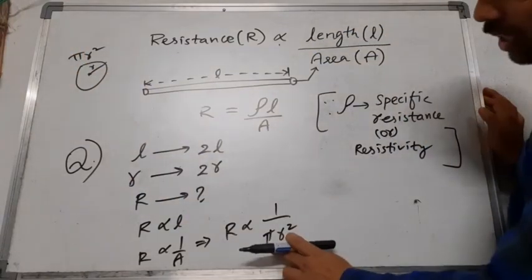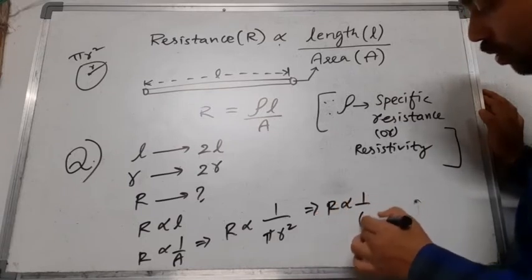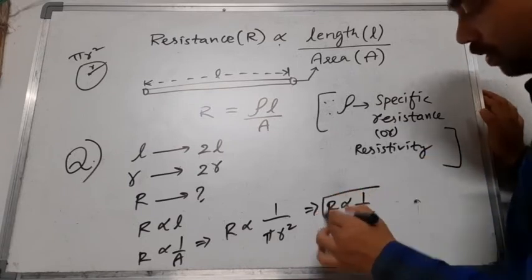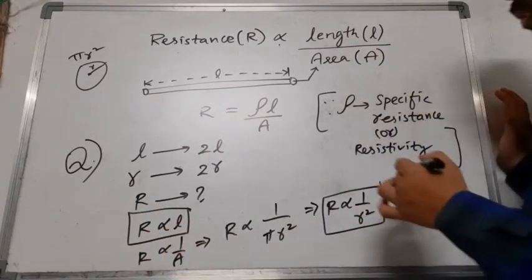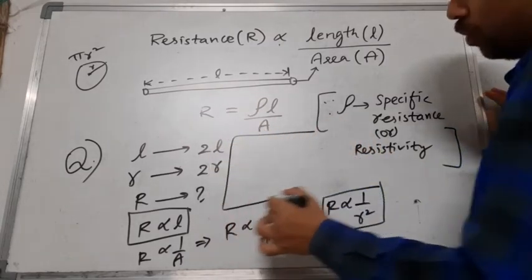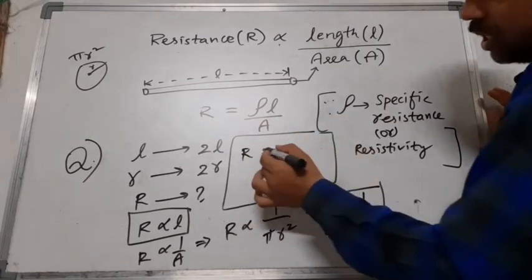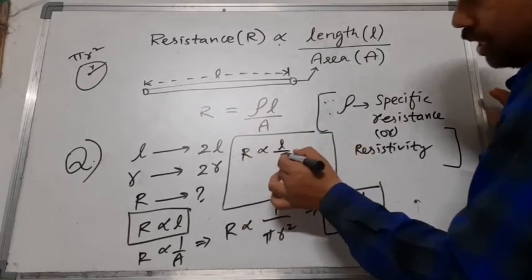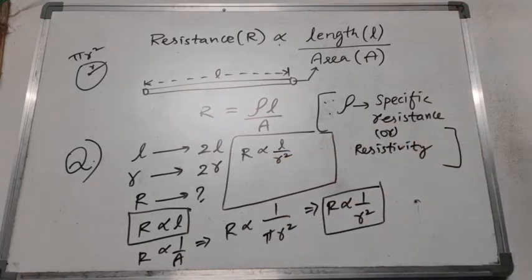Pi is a constant, so R is inversely proportional to r square. And R is directly proportional to length. So from these two we can write R is proportional to length by radius square.